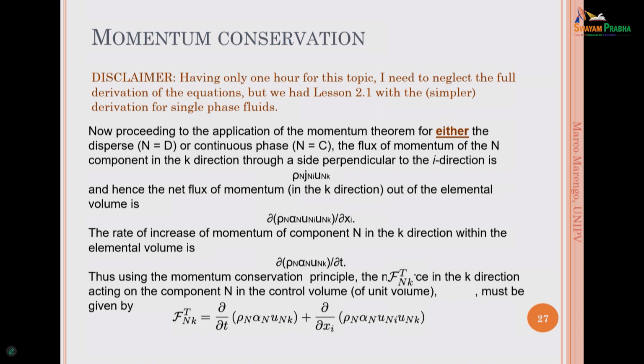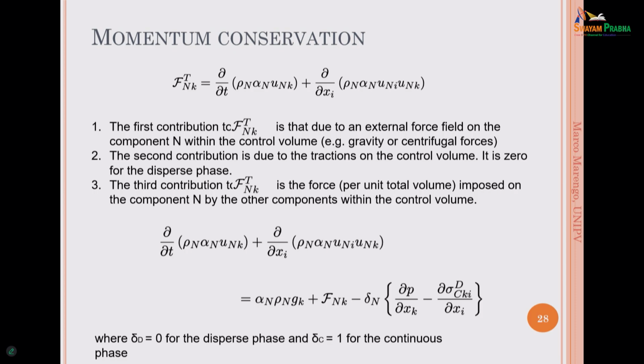Now the trick: this part is known somehow, it's not difficult. The trick is to define what we have here, which is this force. There are many different contributions to the force. Let's start with the simplest, maybe: an external force. We have gravity, centrifugal forces, electromagnetic forces, and so on.